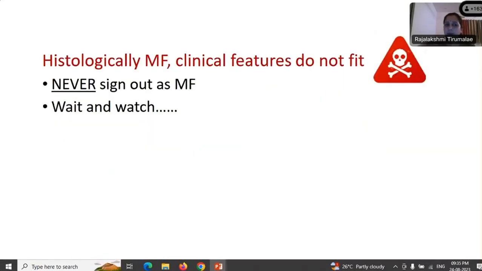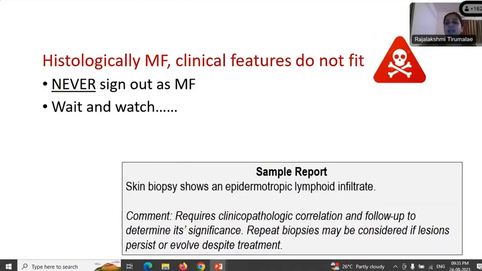But remember, however bad the infiltrate may look histologically, don't sign it out as MF if the clinical features do not fit, right? That's the most important question that you need to ask. If you are certain on histology, but clinically it does not fit, just wait and watch. You could sign out something like this, that look, I'm looking at an epidermotropic lymphoid infiltrate.